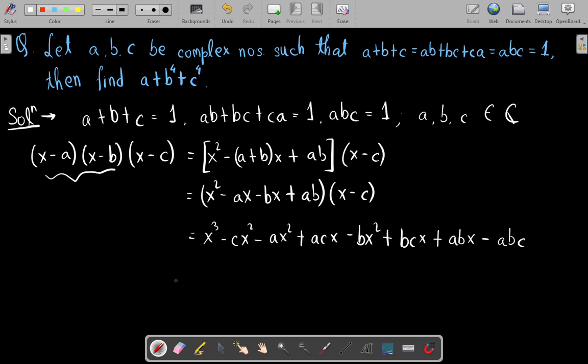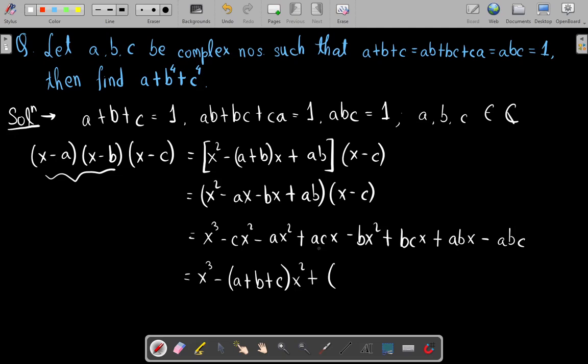So let us try to see what can be taken common, what can be factored together. Okay, we have x cube, then the coefficients of x square can be taken together in a bracket. We have minus a, minus c, and minus b. So if we take the minus out, we get negative of (a plus b plus c) x square. Now let us take the coefficients of x terms.